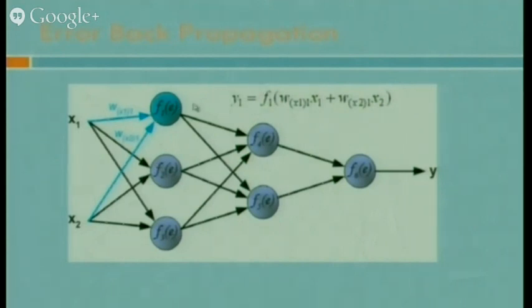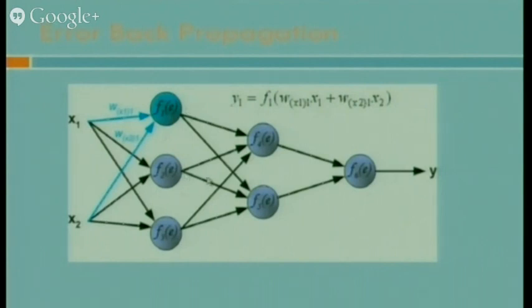Now this is Y1, at the output of this neuron. Y1 is equal to Wx1 into X1, meaning this input is multiplied by this weight, plus X2 into its weight.